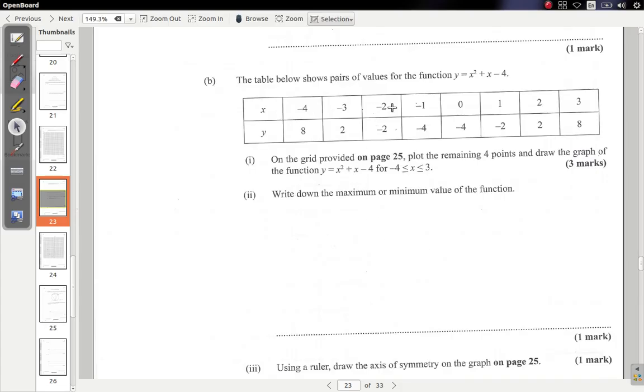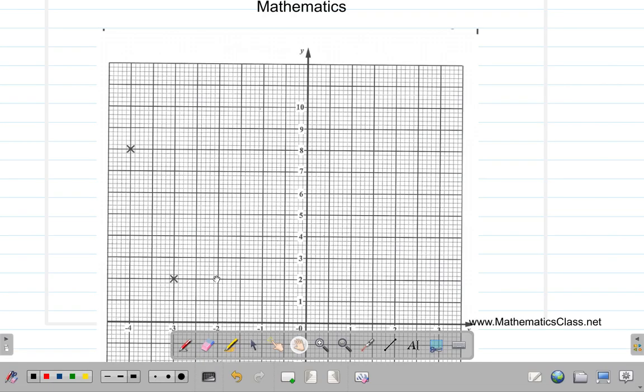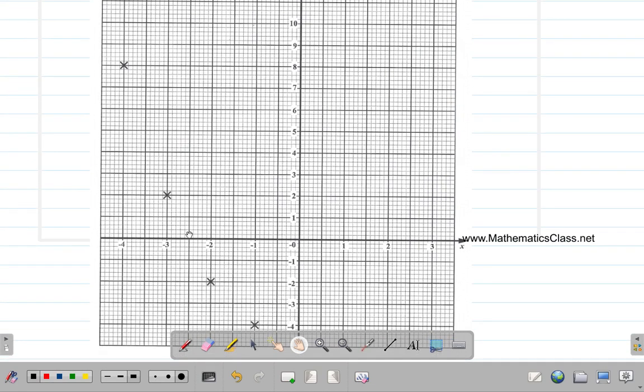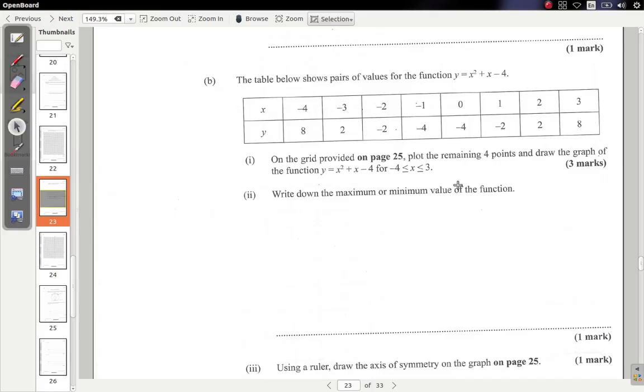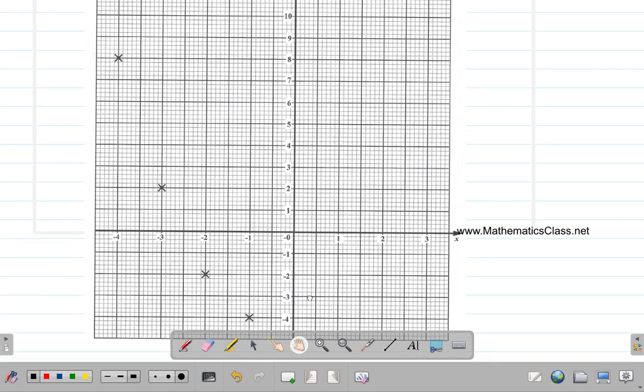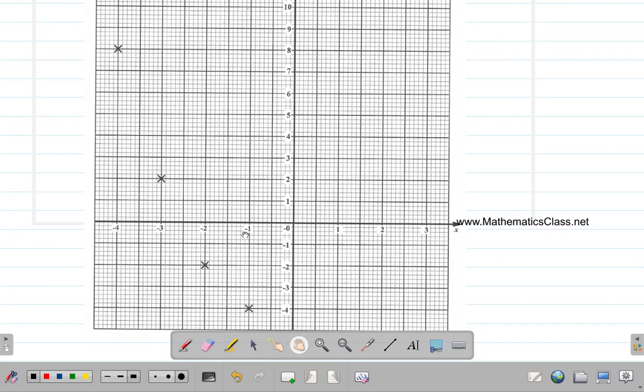Then you have negative 2, negative 2. It's below x equal negative 2 and beside y equal negative 2, you see it here. The next one is negative 1, negative 4, so you can see below x equal negative 1 and beside y equal negative 4, right?